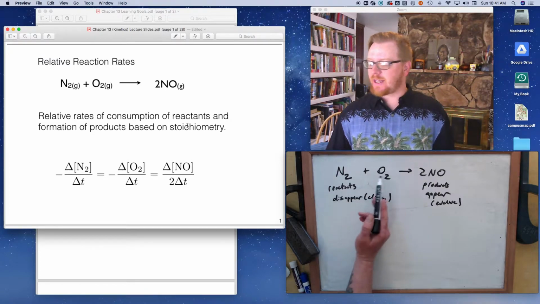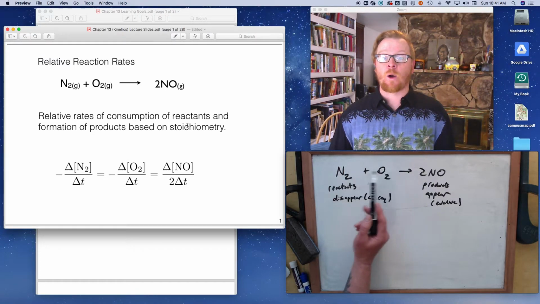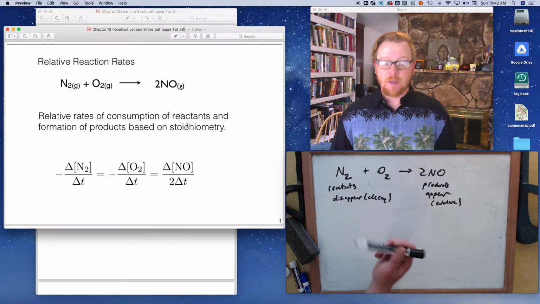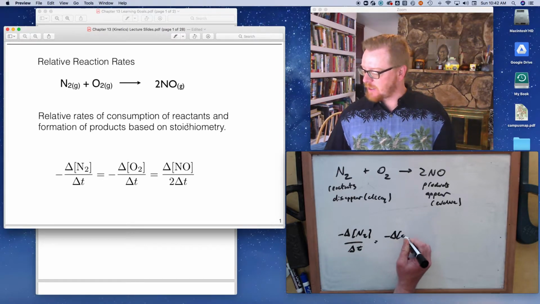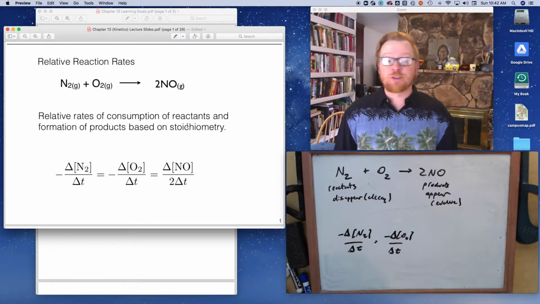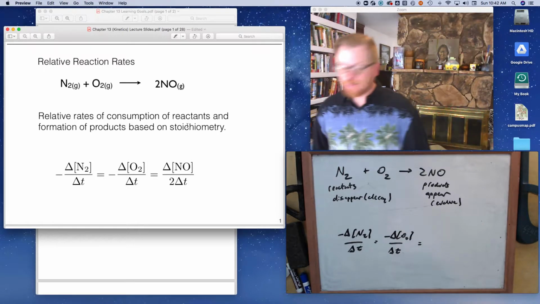So we can see in the stoichiometry, N2 and O2 are 1 to 1. So that means their rate is equal, right? The rate of consumption of N2 is going to be equal to the rate of consumption of O2 because they're a 1-to-1 stoichiometry. But now this is where this gets a little tricky.